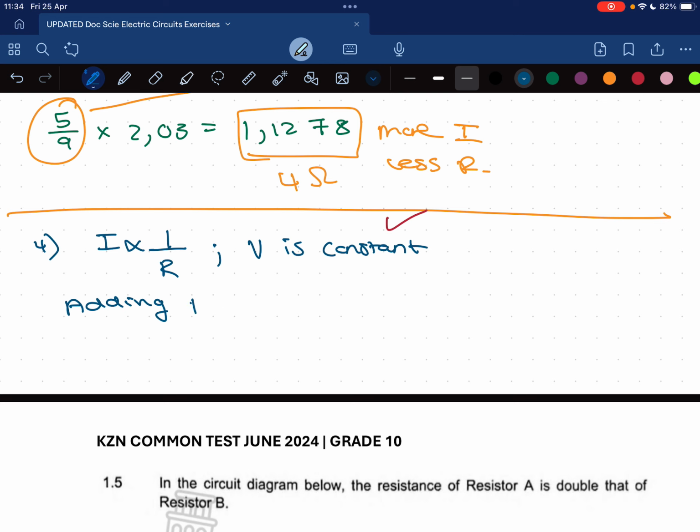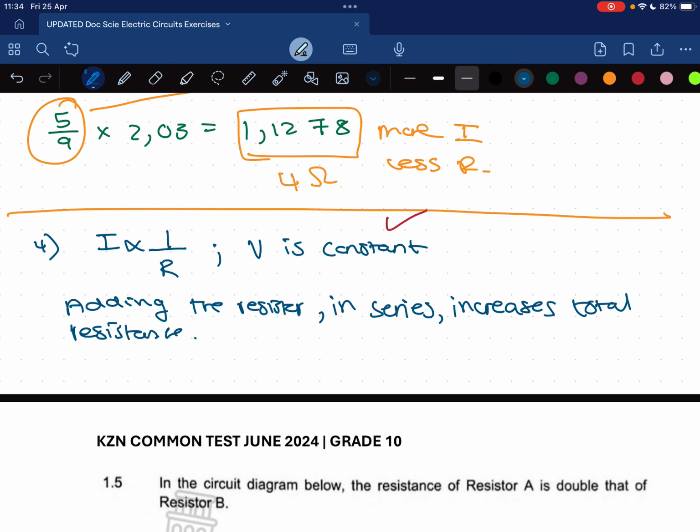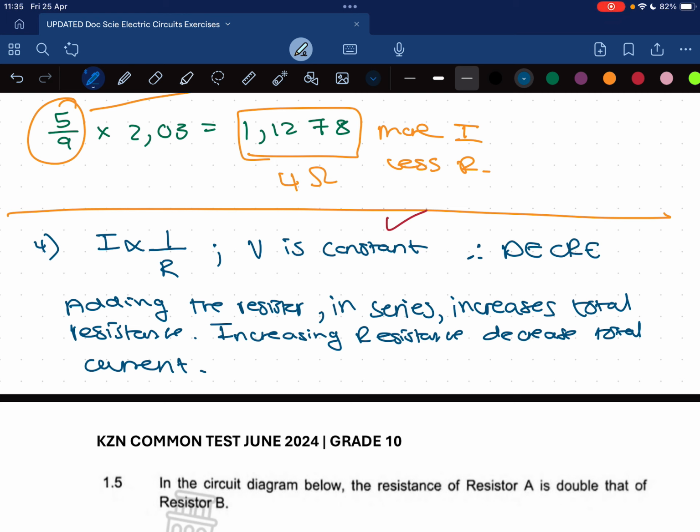Adding the resistor in series increases total resistance. Increasing the resistance is going to decrease current. Resistance decreases total current. So therefore the answer is decreases.